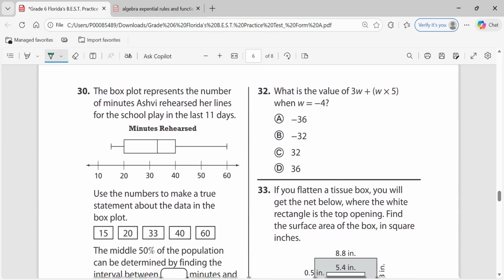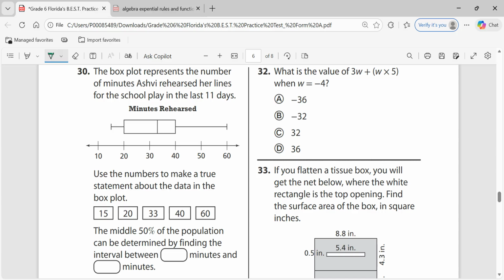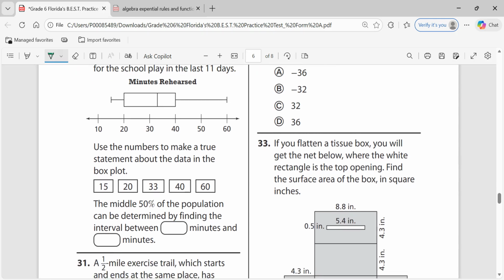Number 30. This is our box and whisker plot, our box plot. It says it represents the number of minutes Ashvi rehearsed her lines for the school play in the last 11 days. Use the numbers to make a true statement about the data in the box plot. They gave us some numbers. Then they said the middle 50% of the population can be determined by finding the interval between blank minutes and blank minutes.